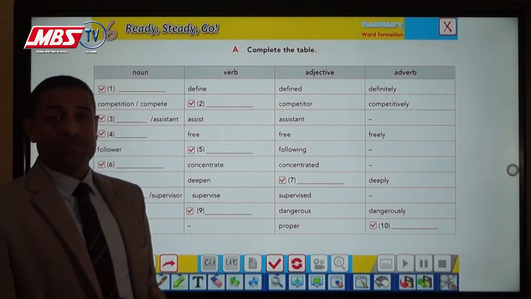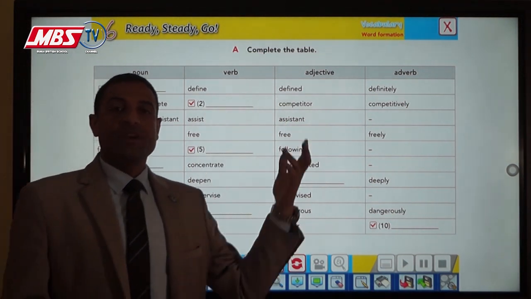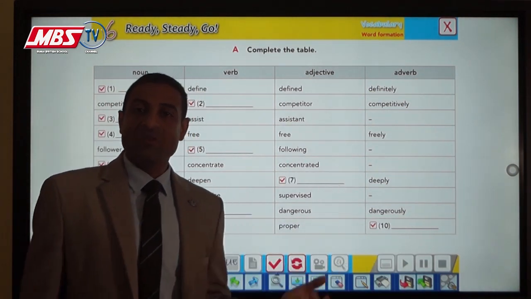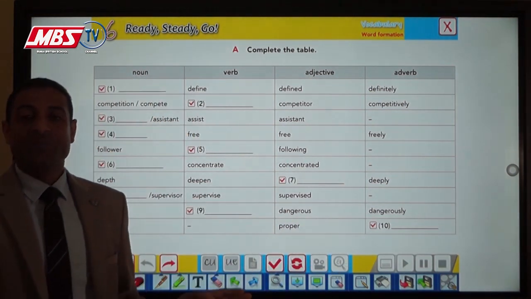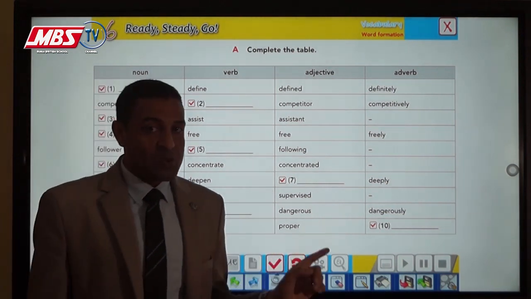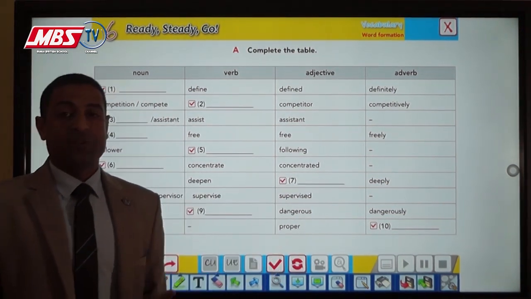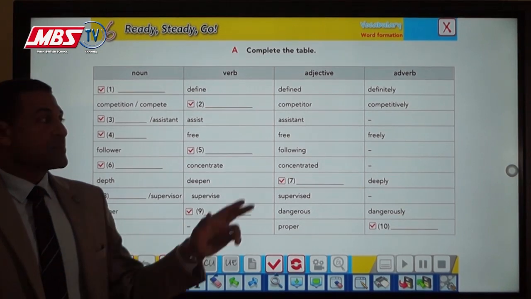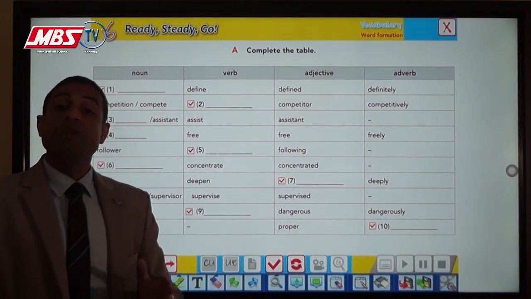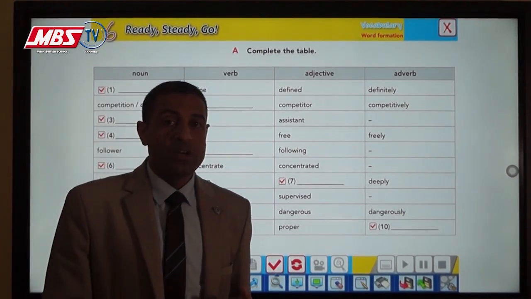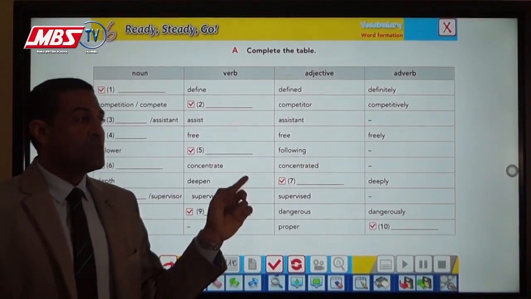And about the adjective, just to remind you, the adjective is the word that I can use to describe the noun. I can find the adjective before a noun, or after verb to be.